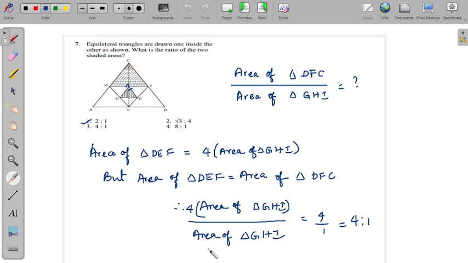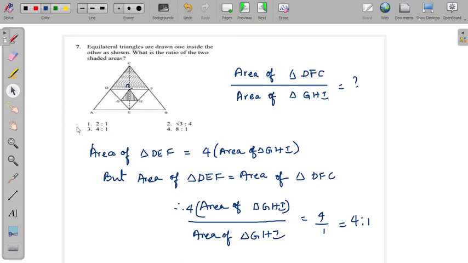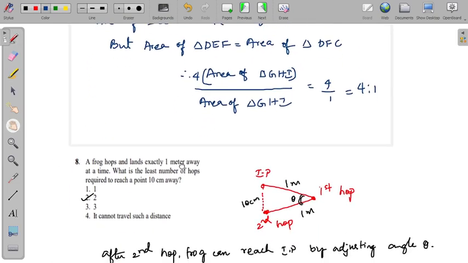So this cancels when you apply it in the ratio. It gives you 4 by 1, which is 4:1. So the ratio is 4:1, and the third option is the answer.